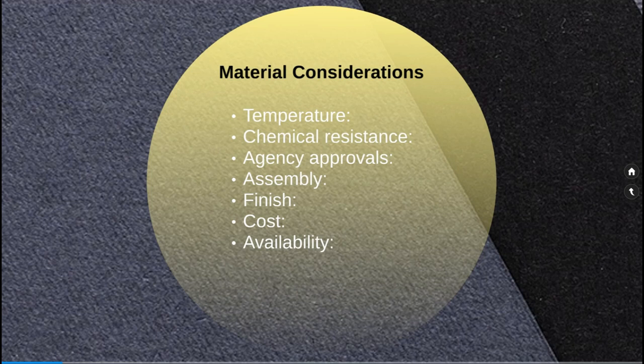So you will be considering the temperature, the chemical resistance of the material, and the agency approval, because specific countries require different agency approvals to release the product in the particular market, and the assembly feasibility, the required finish you want, and also the cost and availability in that particular region.